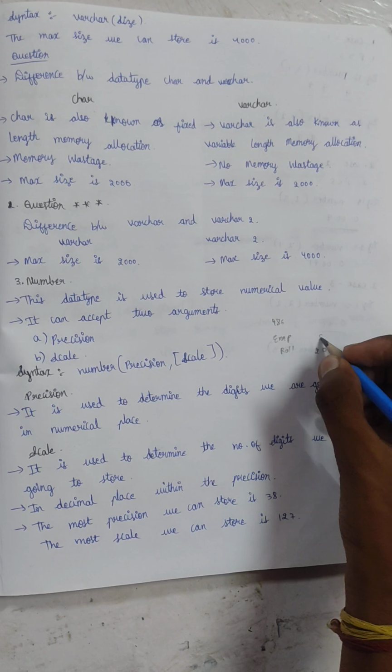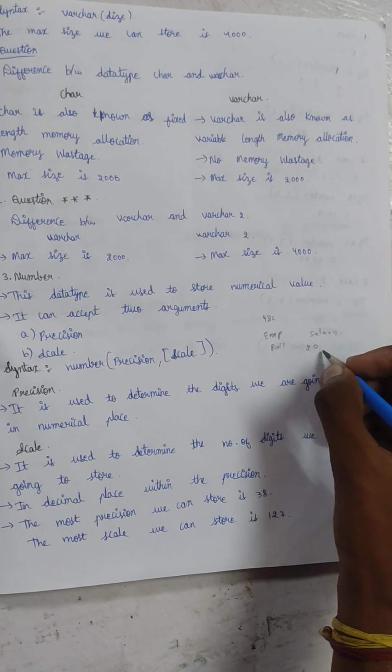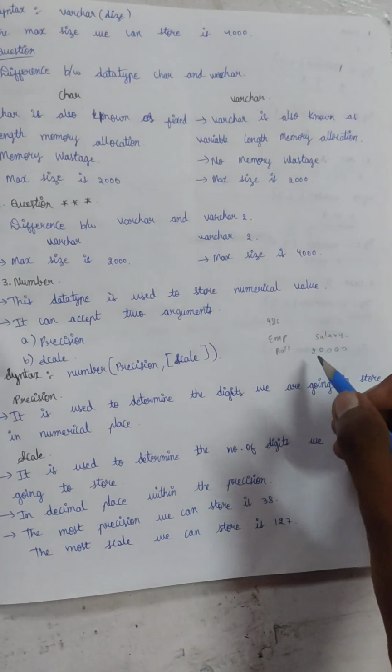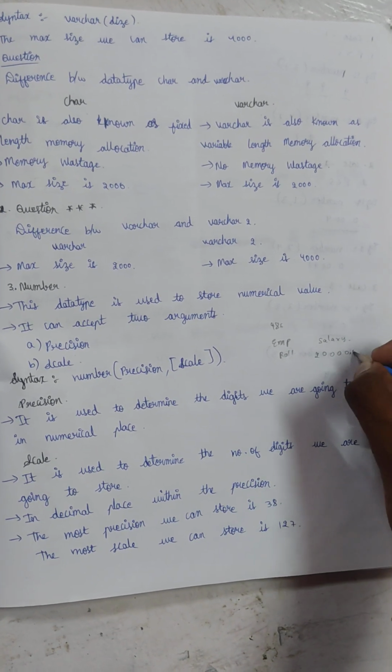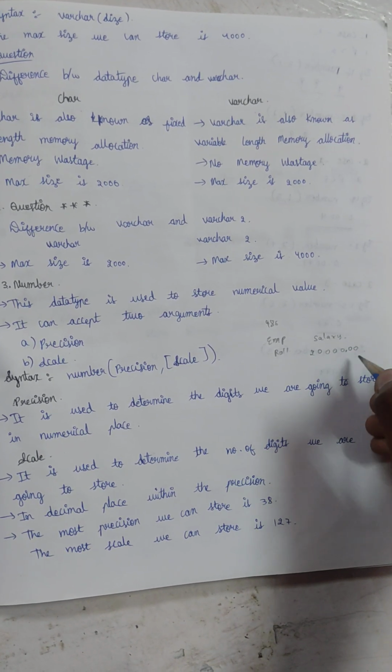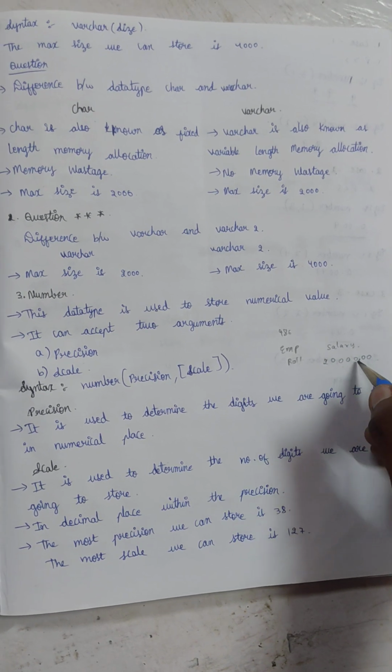For example, salary is 20,000.00. We count how many digits there are, considering decimals also: 1, 2, 3, 4, 5, 6, 7.